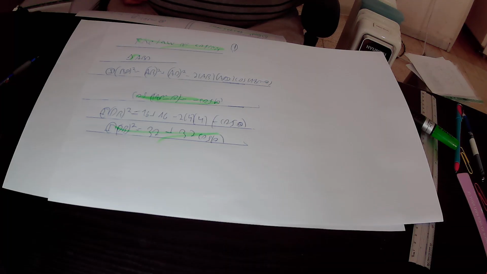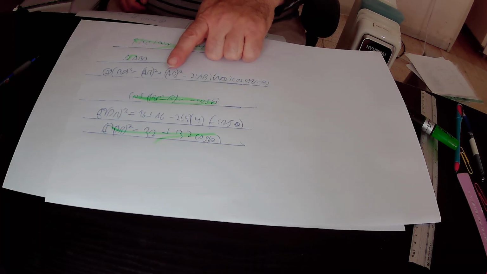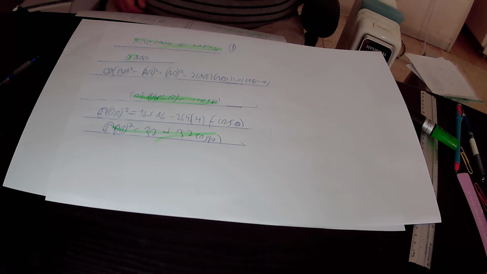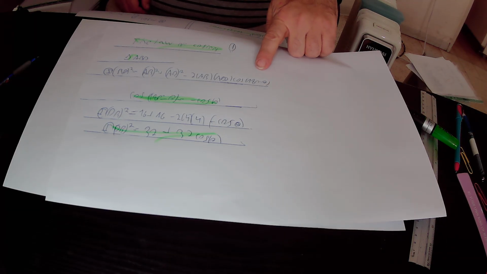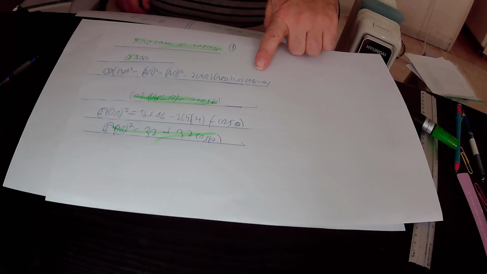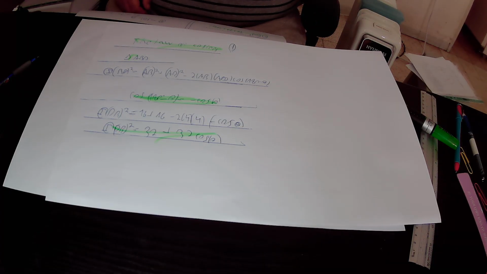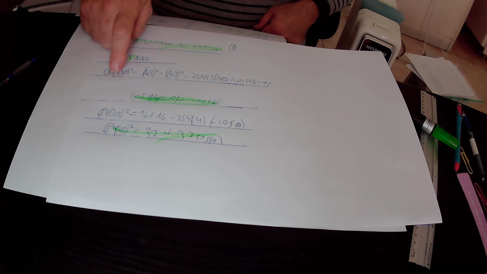We have the trigonometric identity that says cosine of 180 degrees minus theta equals minus cosine theta. So we can substitute cosine of 180 degrees minus theta here by minus cosine theta. So in total, we found that BD squared equals AB squared.